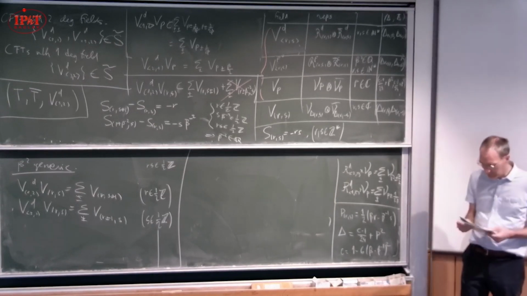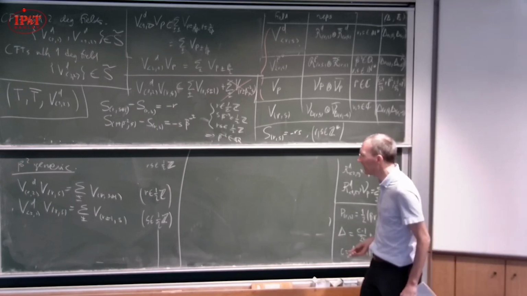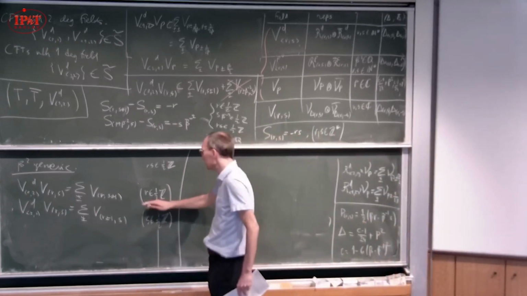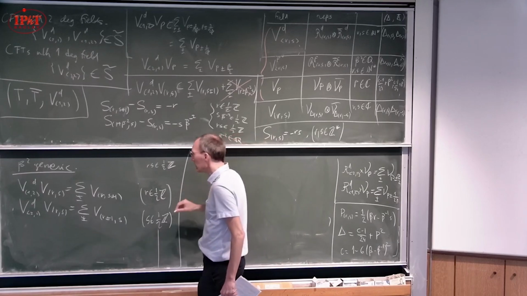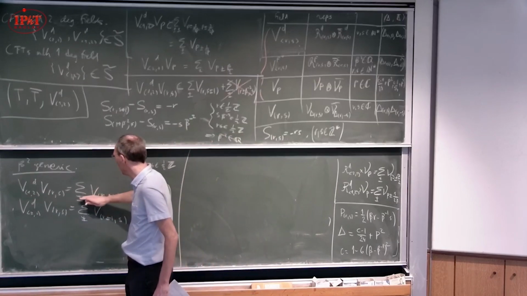Okay, so now let's go slightly further. So we know that R is half integer, and then let's look a bit more at this OPE.